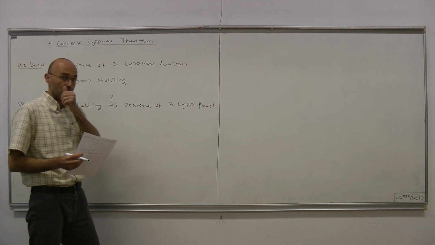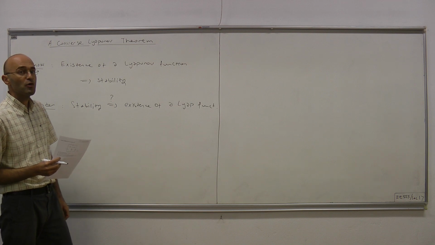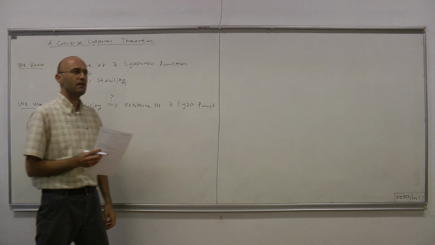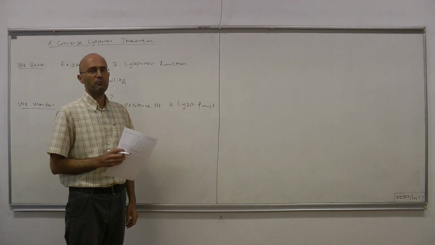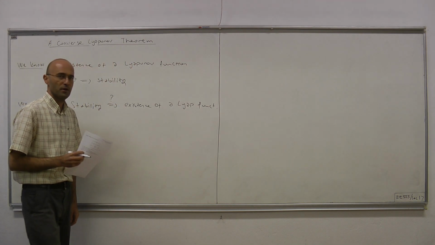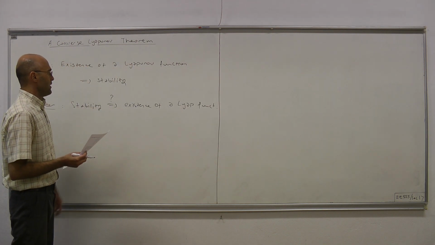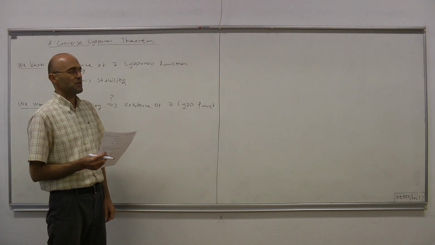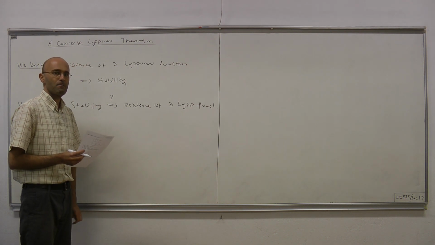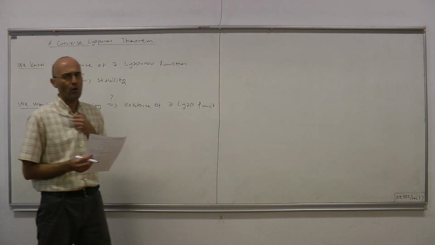such questions under different conditions have been studied under the title converse Lyapunov theorems. There are many versions of it, and I'm going to give one of the most general ones soon enough as a reference for those of you who are interested. The analysis is a little bit sophisticated, and there are many subtleties that one has to be careful about, but the main idea is quite simple.